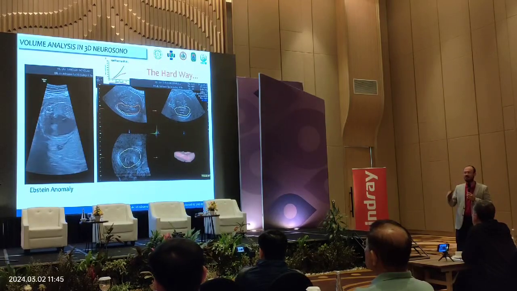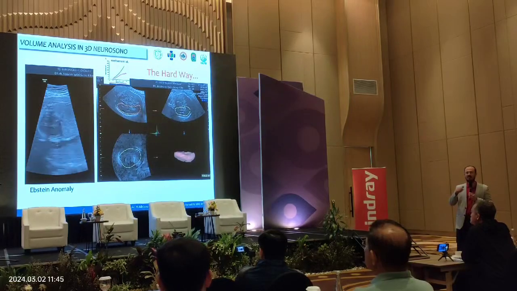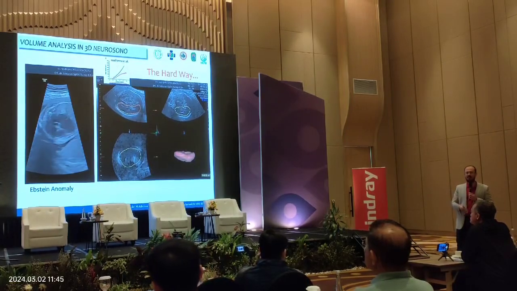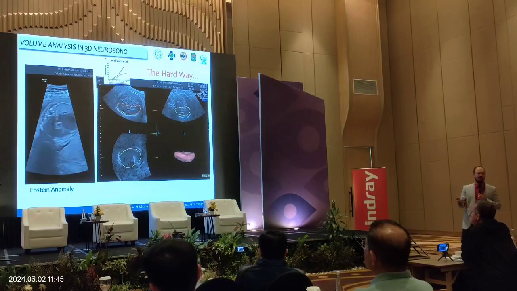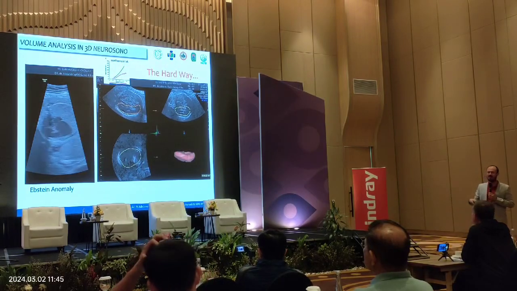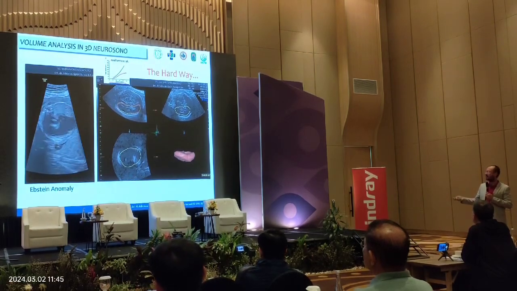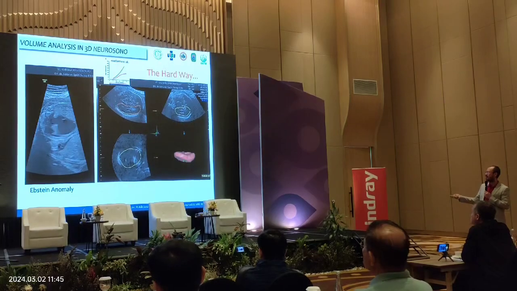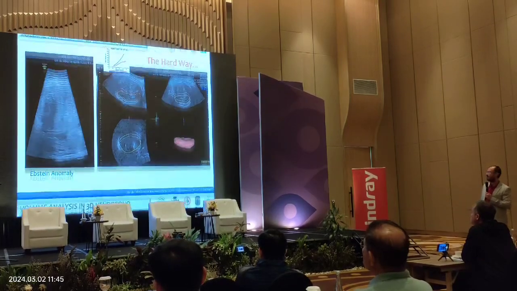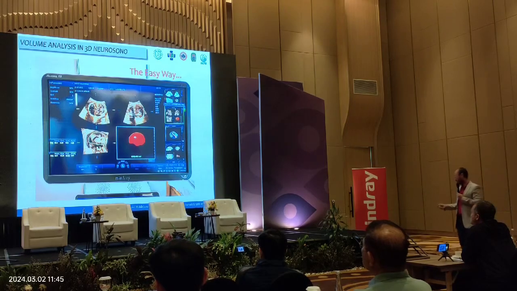In Leona's slide, there is no Ebstein anomaly, there is only hypoplastic left heart syndrome and transposition of great arteries, but this is just before I went to Malang, about 3 days before, I saw an Ebstein anomaly and the brain is shrunken. But this is actually the hard one.